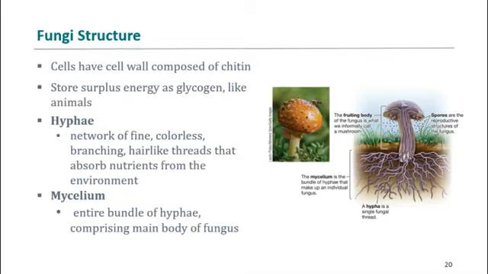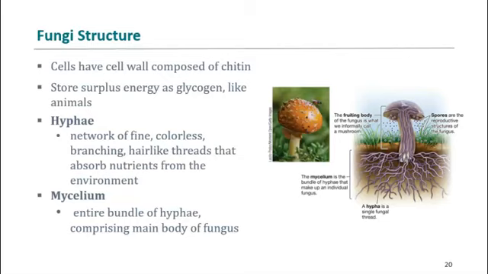So that's kind of a common way to construct a cell, is to have that cell wall. We know in bacteria that the composition of the cell wall mainly consists of what we call peptidoglycan. And in plants, it's mainly composed of what we call cellulose.